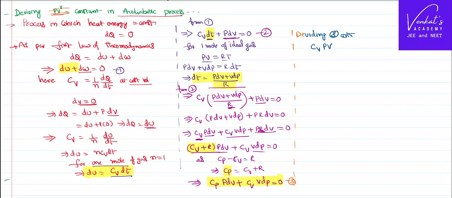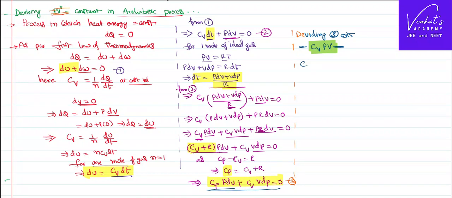Cv PV. You may get a doubt why we shall choose this Cv PV. Why not some other term? You just divide once so that it will be unfolded and you will see what is the result that I am going to get. So divide equation number 3, the entire equation, with Cv PV, each term.